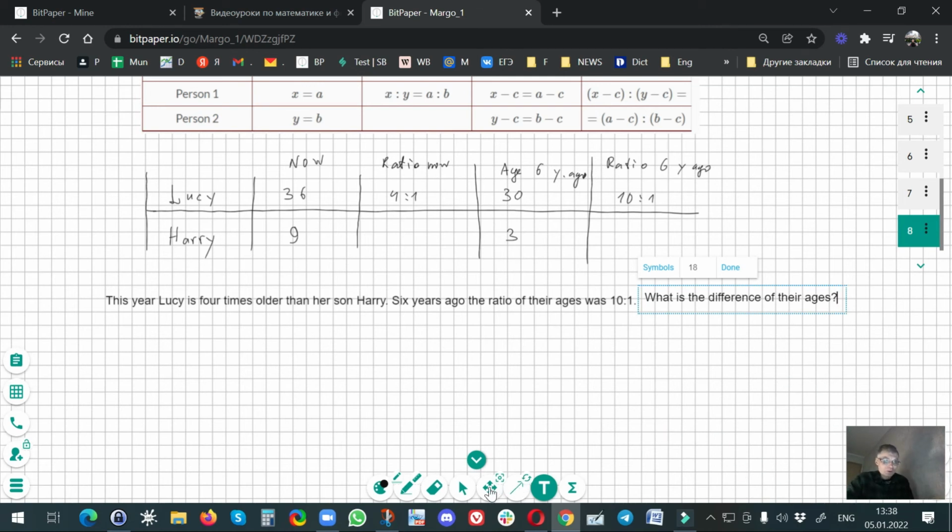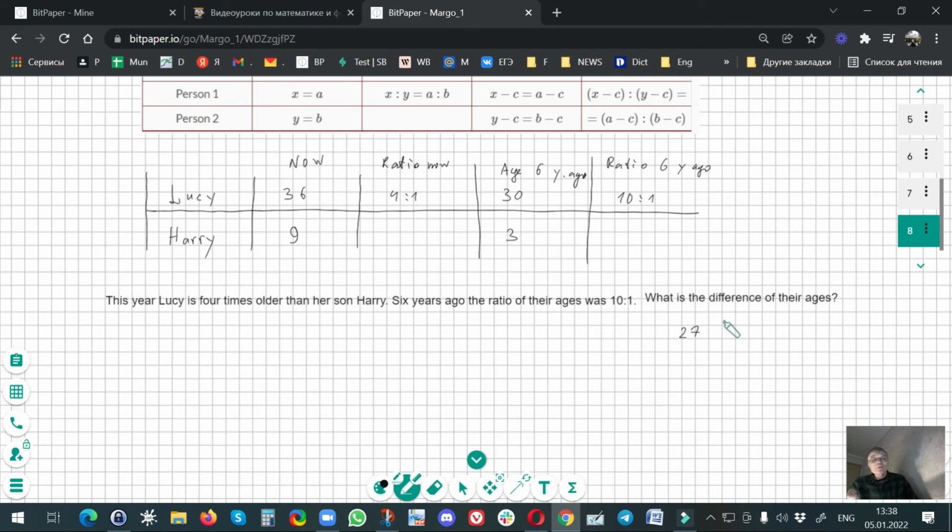That's it. If we produced a system of equations, again two equations, we have two conditions, we would find 36 and 9. We won't do that again. So the difference is 36 minus 9. What is it? 27. So we know the answer. It's 27. And it remains the same.